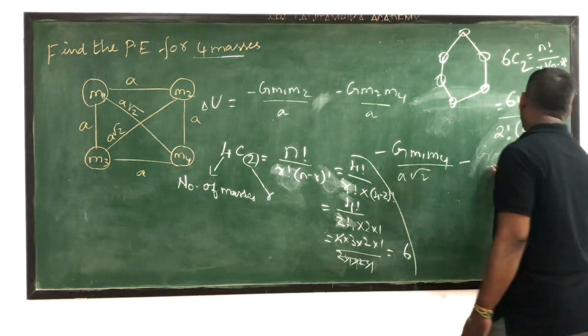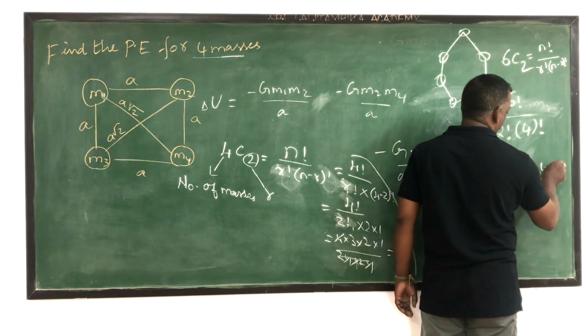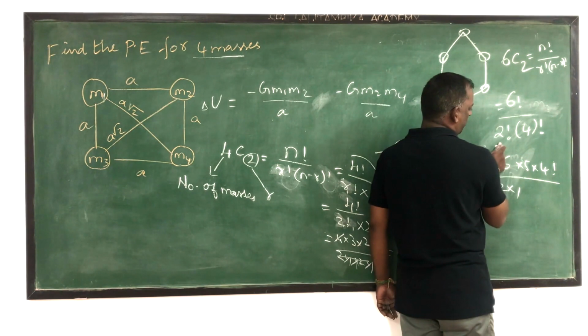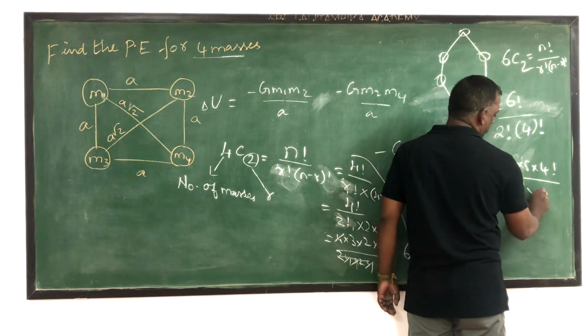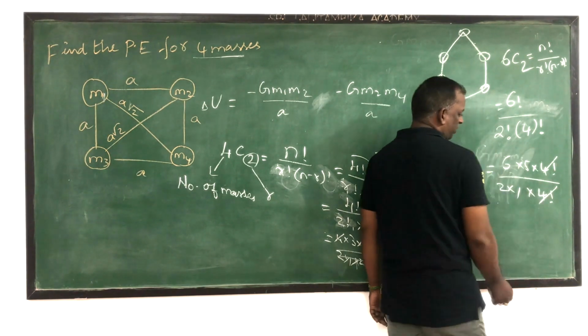So here we have 6 into 5 into 4 factorial, short ஆயிடுதா இது? 2 into 1, 2 factorial இல்லையா? 2 into 1, இது into 4 factorial. So இந்த 4 factorial cancel பண்ணிடலாம்.